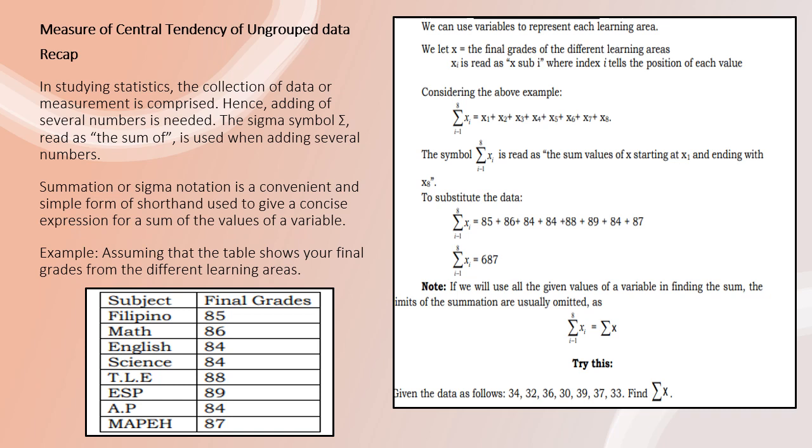Example, assuming the table shows your final grades from the different learning areas. We can use variables to represent each learning area. So we let x equal the final grades of the different learning areas. x sub i is read as x sub 1, where index i tells the position of each value, considering the above example.